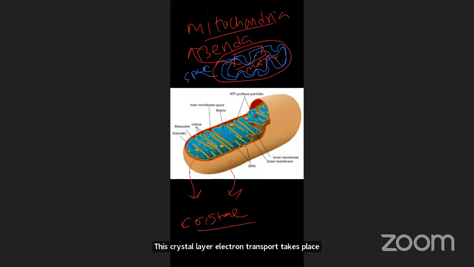Apart from this folding nature, mitochondria also have DNA. Where is the DNA? In the nucleus, and other than the nucleus, in mitochondria, present in the matrix.